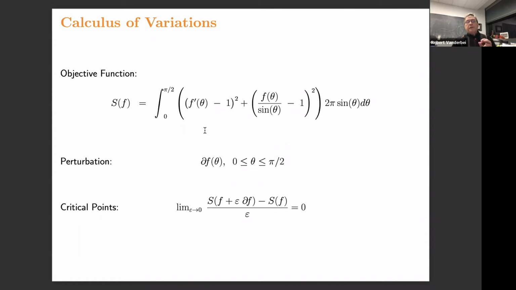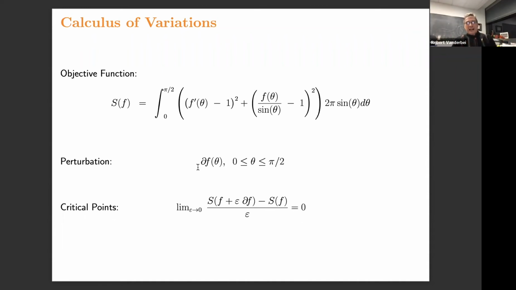This is how we're going to perturb a given function F by some values of theta will be changed. And so this is our perturbation function. If we were in finite dimensional calculus, this would be like a delta function. I'm changing x3 out of x1 to xn.